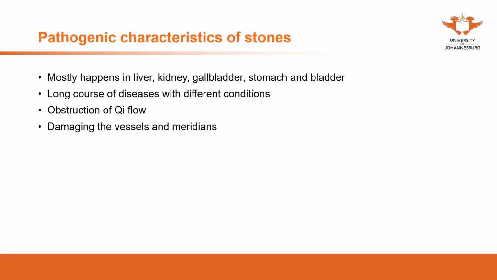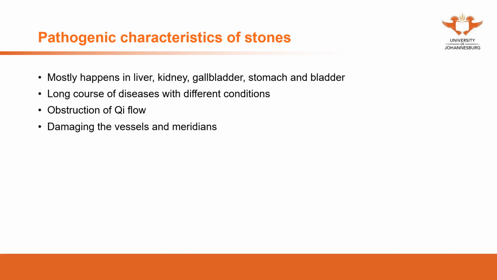So from the pathological products, we have introduced 3 pathogens, which are phlegm, static blood, and stone. Of these 3, the first 2 are more important to understand, especially phlegm and static blood, because they are the most common pathogens affecting our health, especially for internal causes.